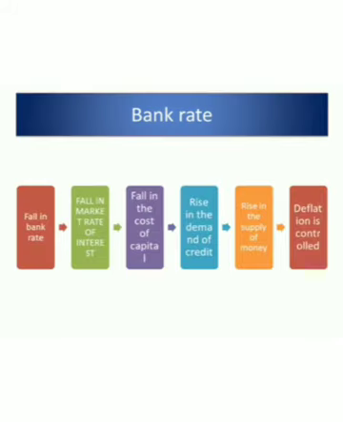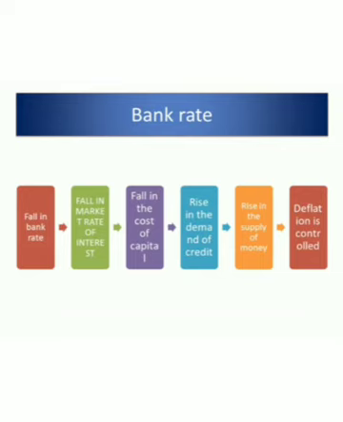On the other hand, a fall in the bank rate will fall the market rate of interest, which will help to fall the cost of capital also, and people will demand more and more credit, which will increase the money supply, and deflation can be controlled. So during deflation, or when there is less money supply in the market, the central bank will decrease the bank rate.